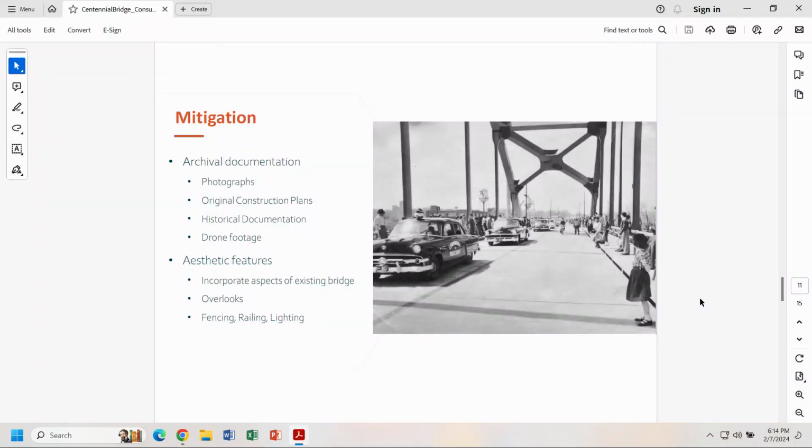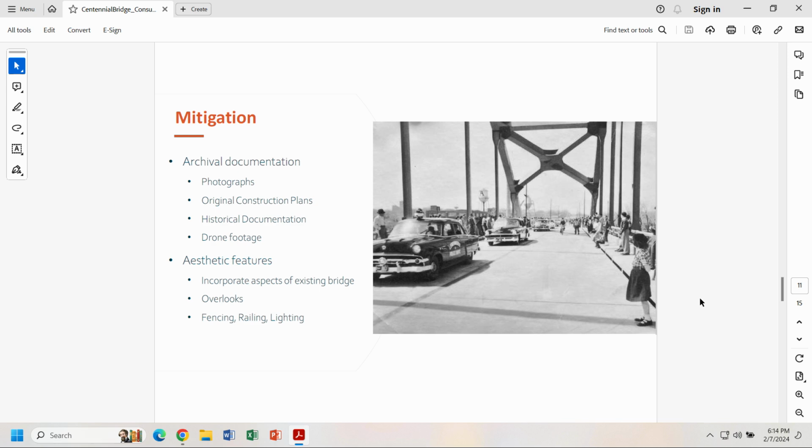And collecting all of the historical documentation about that bridge. It also typically includes some drone footage, so we've got some great photographs and video of the existing bridge. And this information is kept in perpetuity through the Kansas SHPO, the Missouri SHPO, as well as the Historical Society, or anybody really who would like to have that.